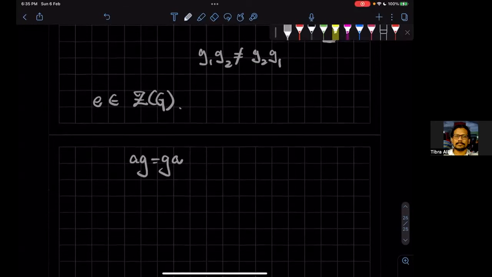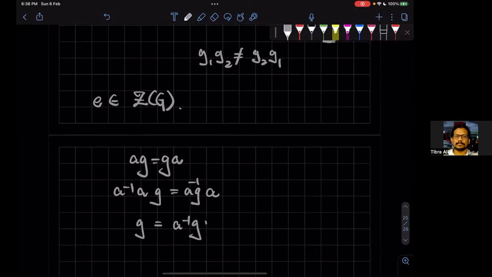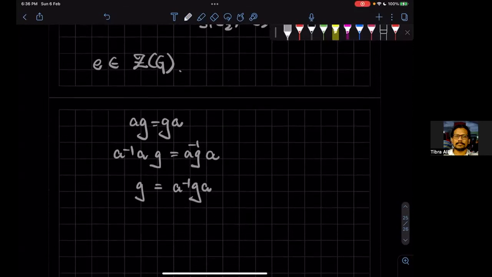Now, if I multiply this by A inverse, then g is equal to A inverse g A. And then if I right multiply by A inverse, I get g A inverse is A inverse g.